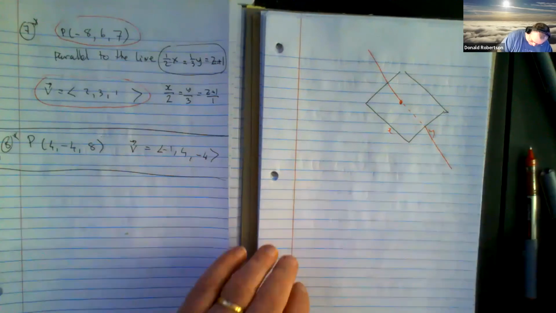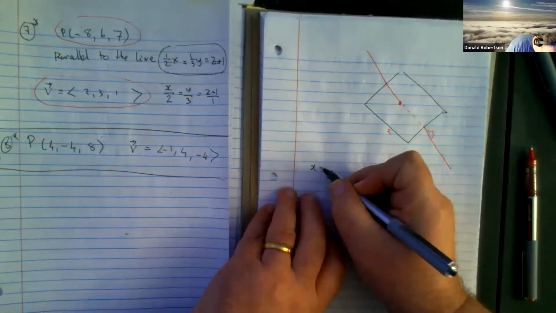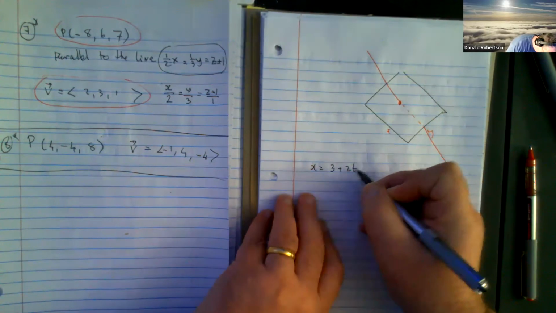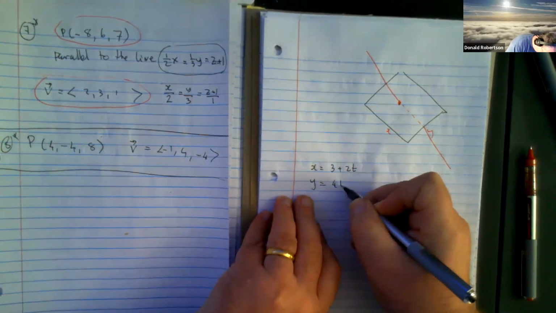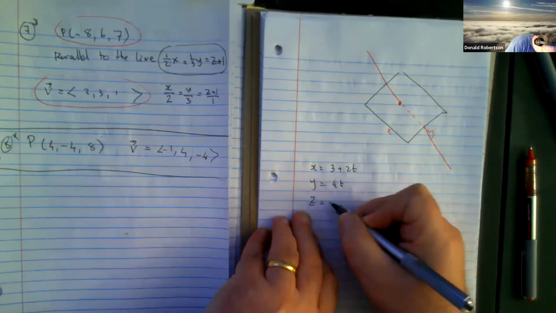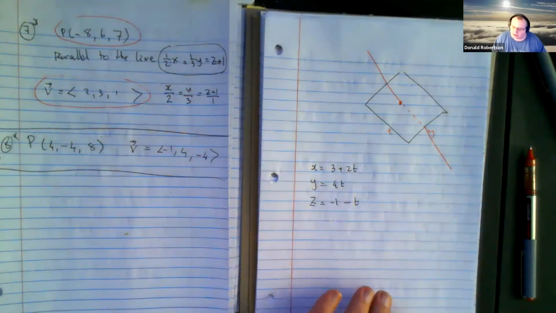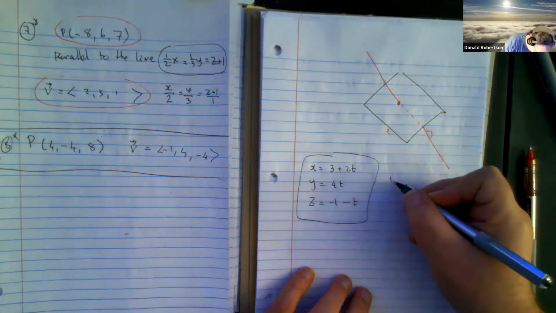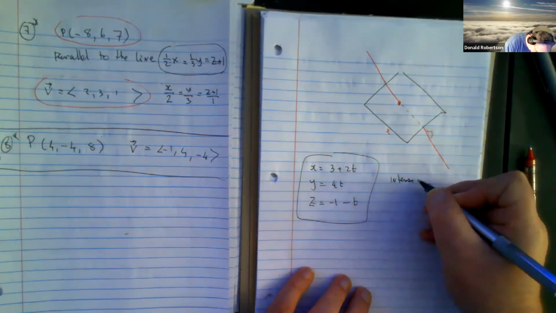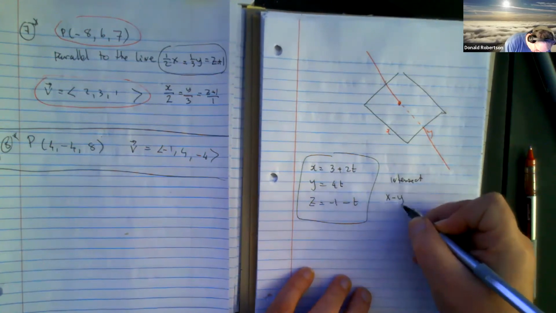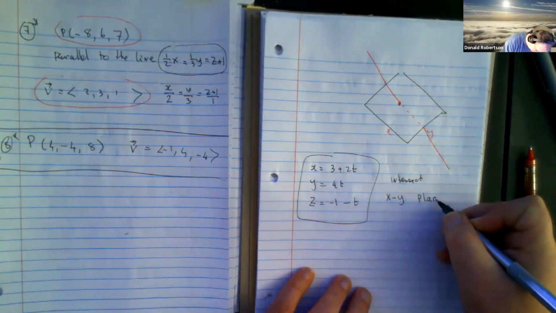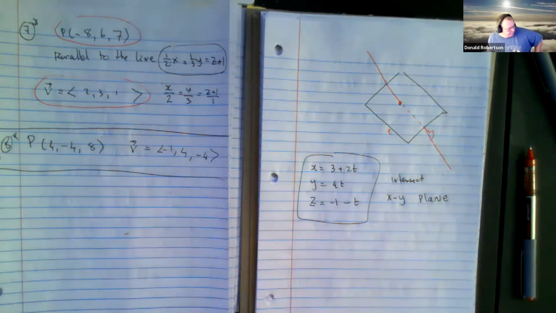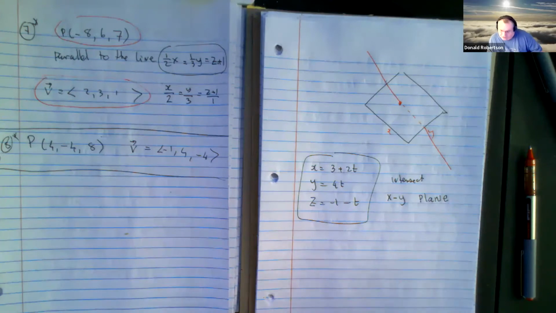Imagine I have a line written down in its parametric form, and my line happens to be 3 plus 2t, 4t, and -1 minus t, just for argument's sake. And I want to know, where does this line intersect the XY plane, essentially the floor?